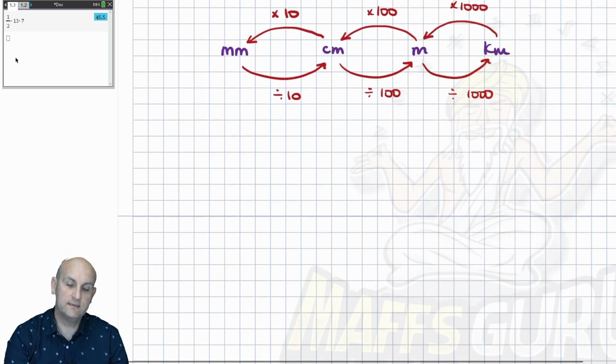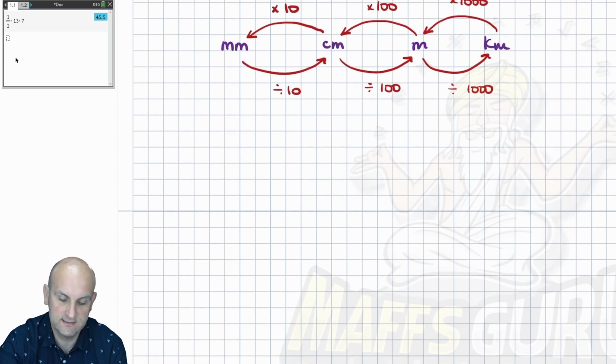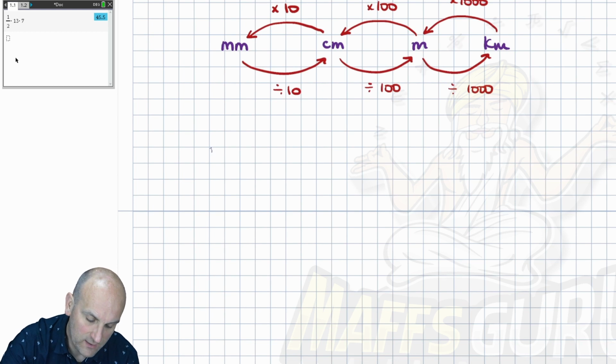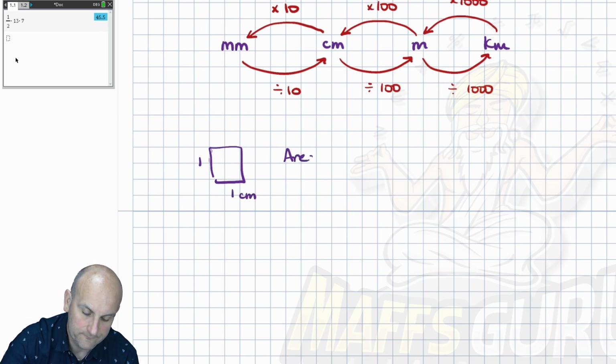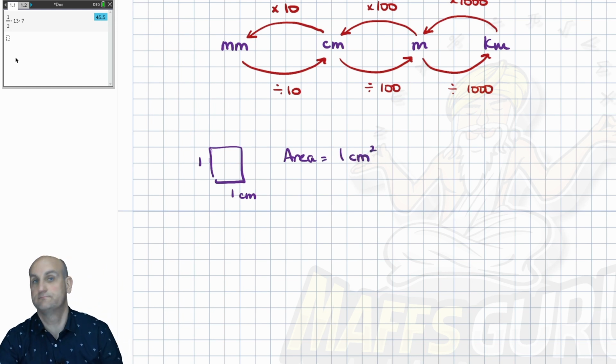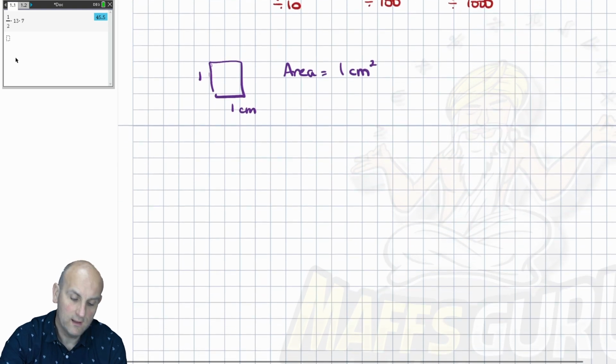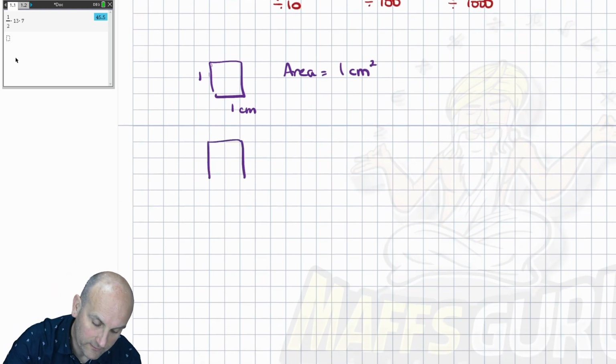Now, what we tend to notice, and I'm going to show you a quick example here, is if I was to have a square that is 1 centimeter by 1 centimeter, the area of that is equal to 1 centimeter squared. But we know that that can also be written as 10 millimeters by 10 millimeters.